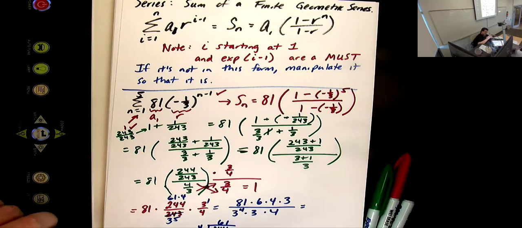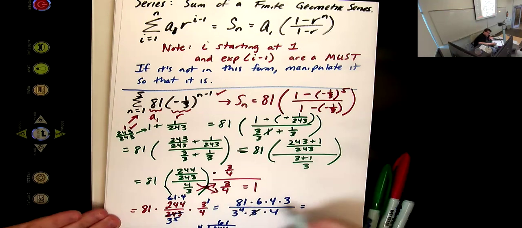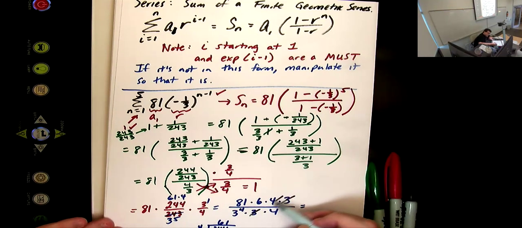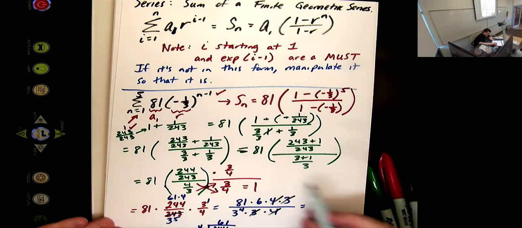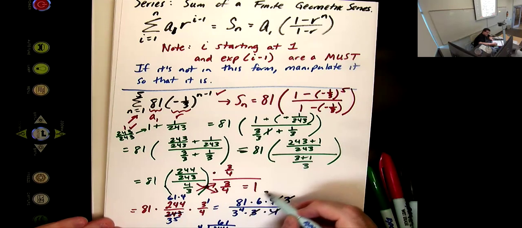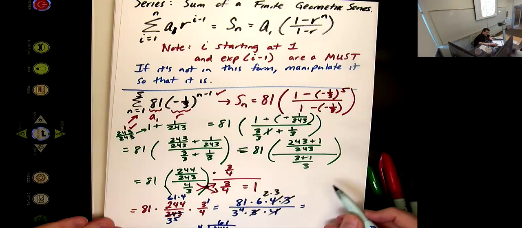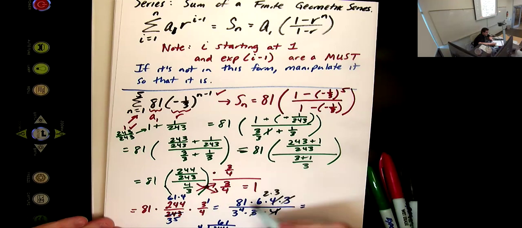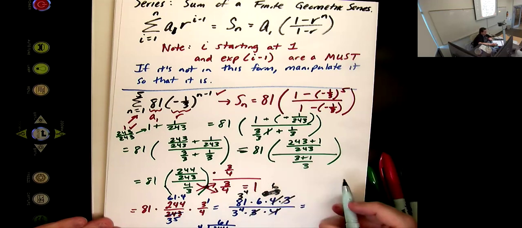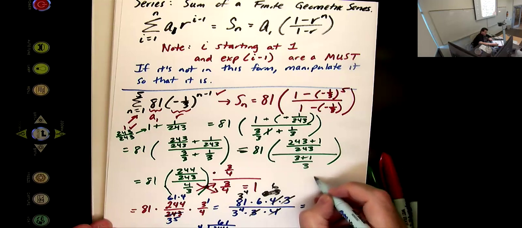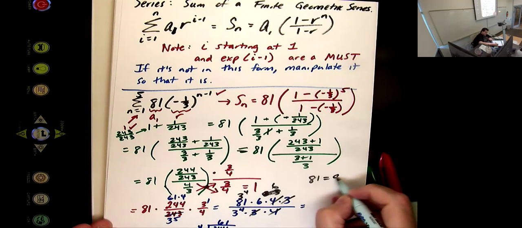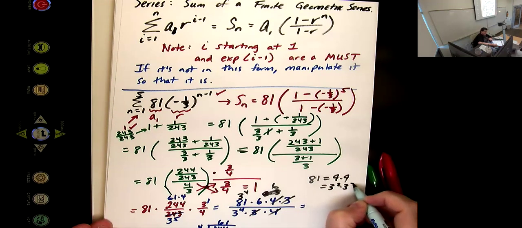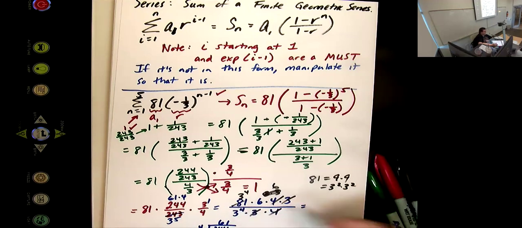And let's see, we got a 3 that cancels. We got a 4 that cancels. Oh, wait. What is 81? 81 is 3 to the 4th power.